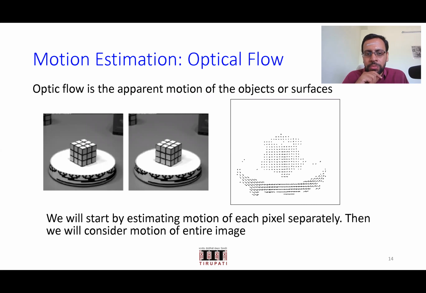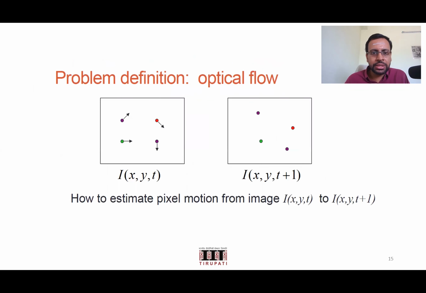Why is it so? Let's say you have a set of pixels here. For convenience, assume that each intensity level is represented with one color. First frame is I of x, y, comma t, and the next frame is the t plus 1th frame.